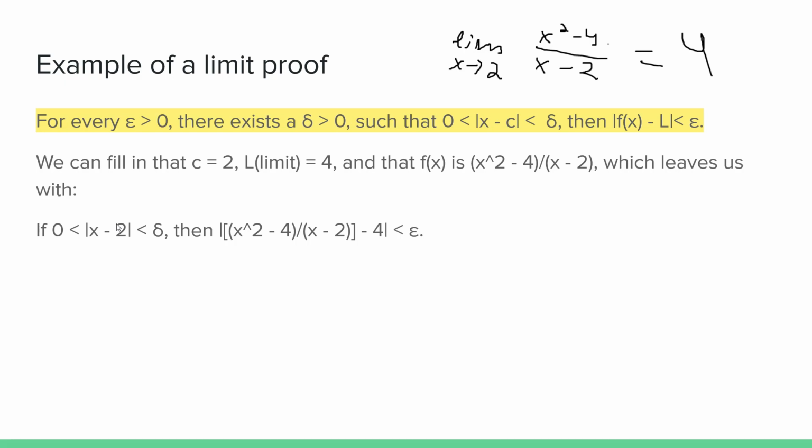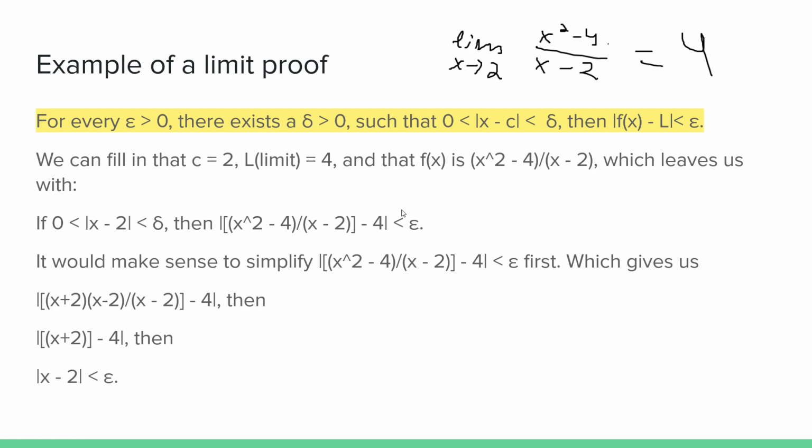So we get, if 0 is less than the absolute value of x minus 2, which is less than delta, then the absolute value of f of x minus L, or the whole quantity of x squared minus 4 over x minus 2 minus L, which is 4, has to be less than epsilon.